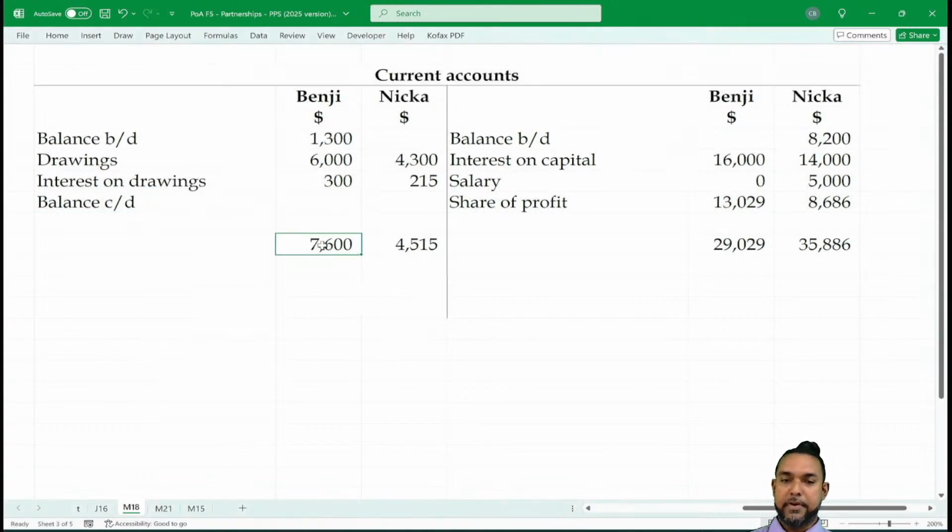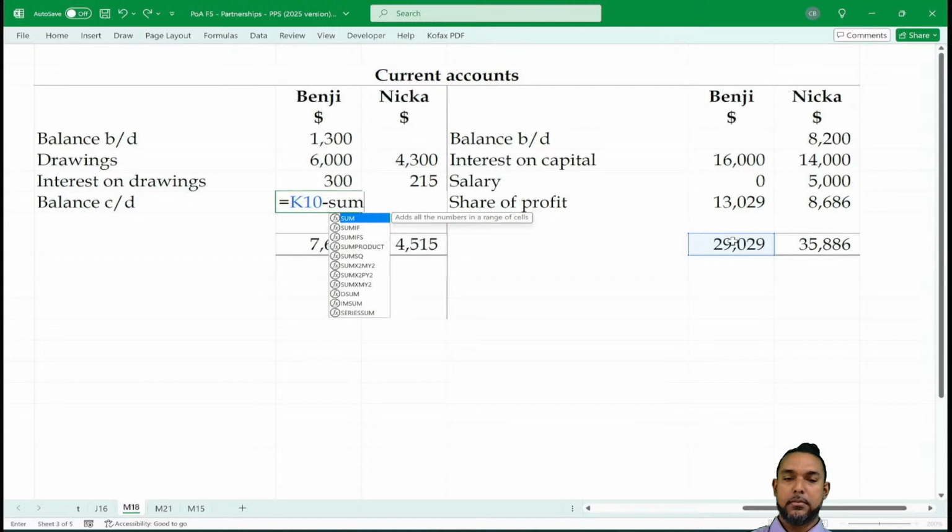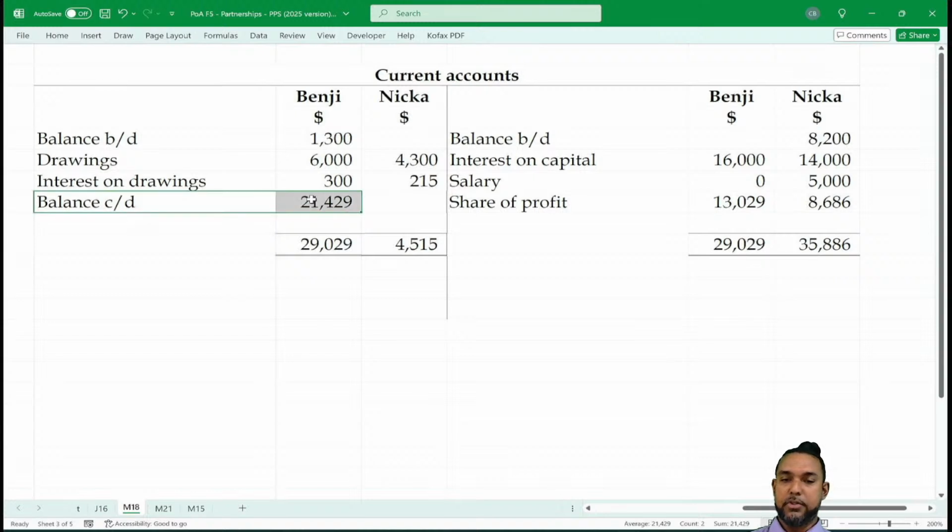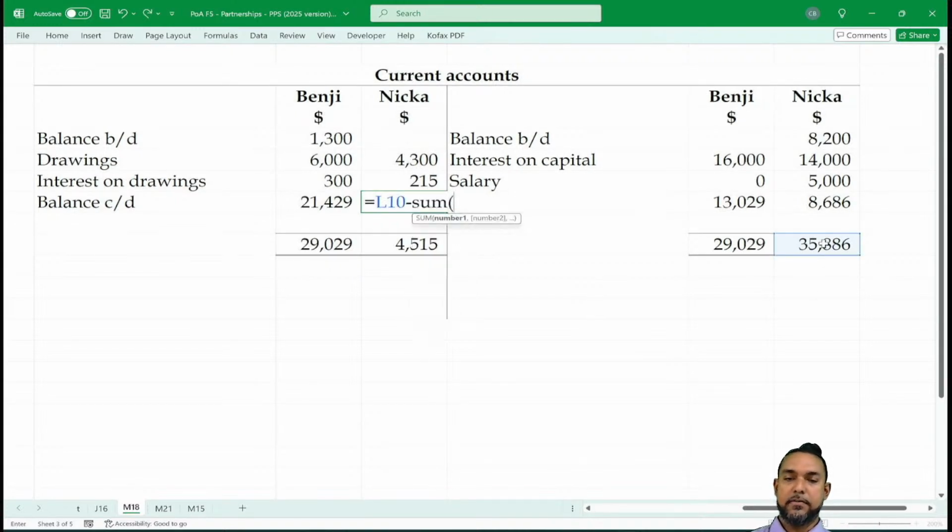All right, cool. So how do we find the balances now? We have to subtract. Let's do one at a time. Let's do Benji first. Benji's balance would be 29,029 minus the 76, so 21,429 for Benji. And for Nika, it would be the 35,886 minus the sum of the 31.